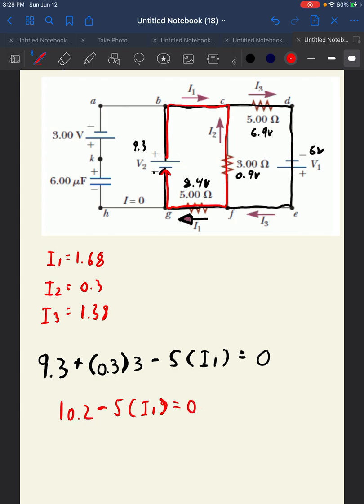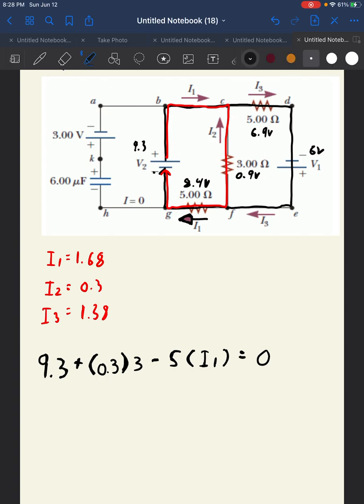Subtract 10.2 over, so you would have negative 5 I1 equals negative 10.2. Negative 10.2 divided by negative 5. No, I set that equation up wrong. I apologize, because I keep forgetting, I proved that he has it going in the wrong direction. So this would have to be negative.